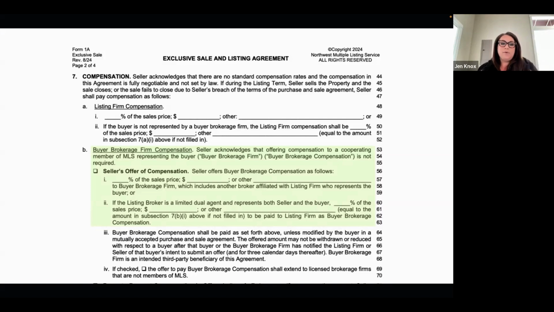So if you are receiving $10,000 for the buy side plus $10,000 for the listing side, and on the purchase and sale agreement, you are noting that you are representing both buy side and listing side, then the amount that you can put as the offered compensation from that seller in that situation, because they would have consented, would be those two numbers put together at $20,000.